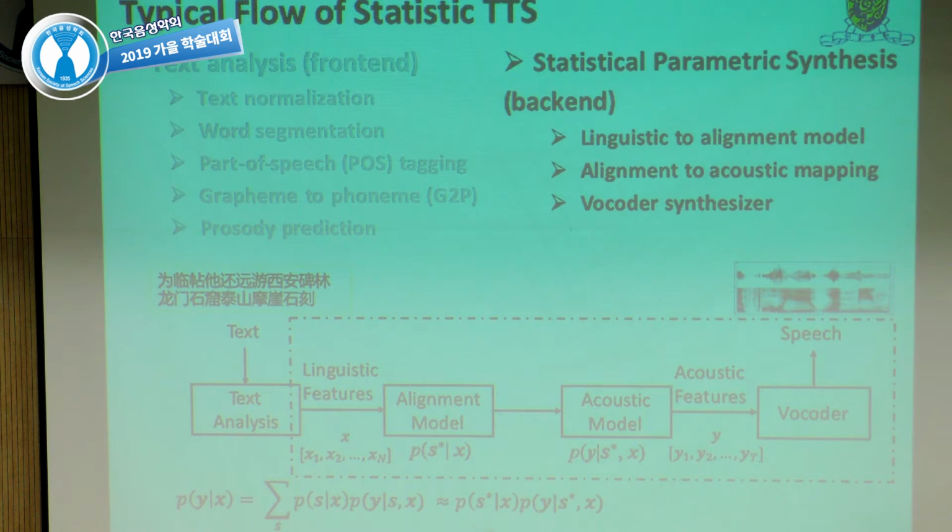What does this equation mean? It means that when we are generating speech, we only focus on the sequence that is the most probable sequence. We will elaborate it in more detail later.